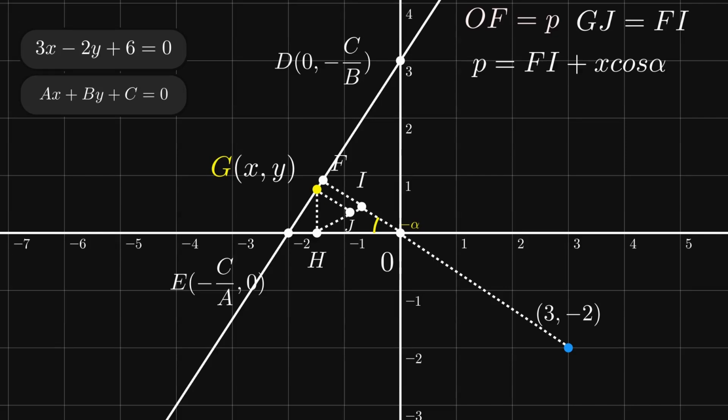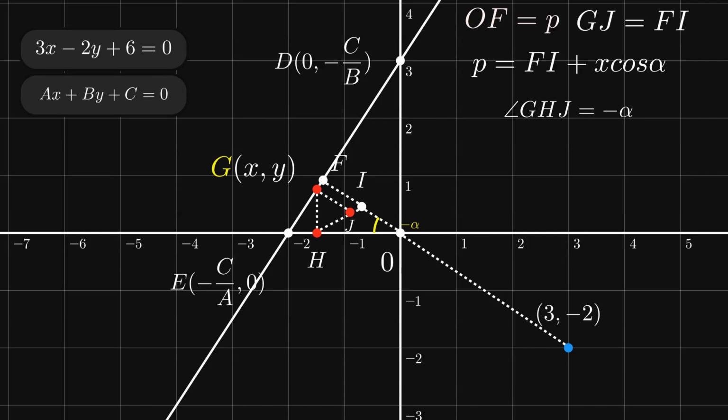To find the angle GHJ, we know that the angle GHO is 90 degree, and thus the angle GHJ is 90 degree minus GHO. In the triangle HIO, the angle GHO is 90 degree plus alpha, and that is why the angle GHJ is negative alpha.